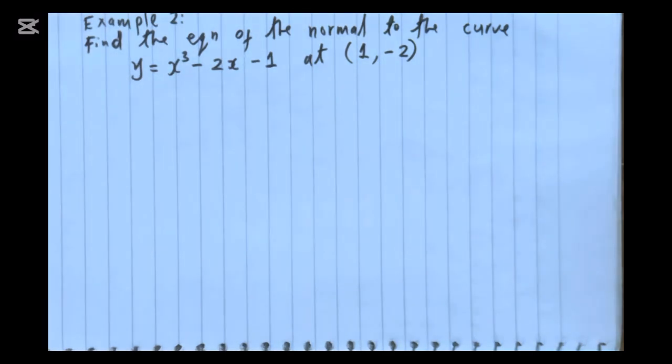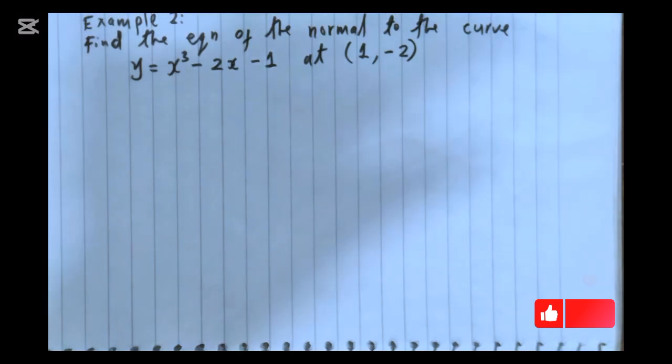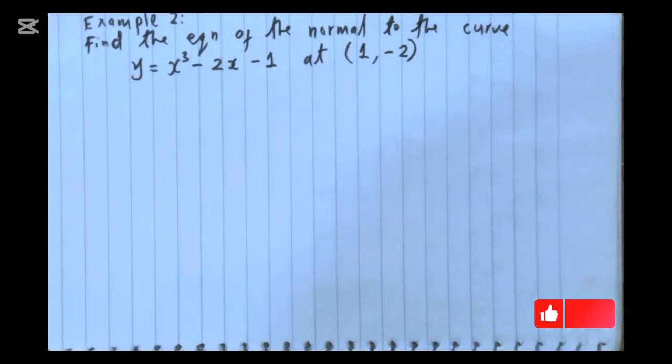Before we can even go ahead and solve this, I want to remind you that when you talk of a line that is said to be normal to a curve, it is a line that forms an intersection with the tangent, and the angle between the intersection is actually 90 degrees.